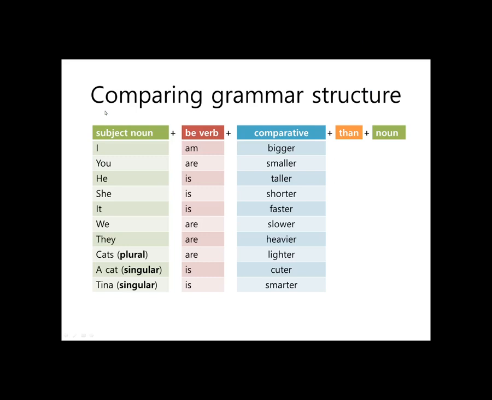Okay, so comparative grammar structure. If we want to make a sentence comparing two things to each other, we use this structure. We put the subject, the thing we are talking about, then the be verb, then our comparative adjective, the word than, we use this in comparing sentences, and then our noun that we're comparing to.